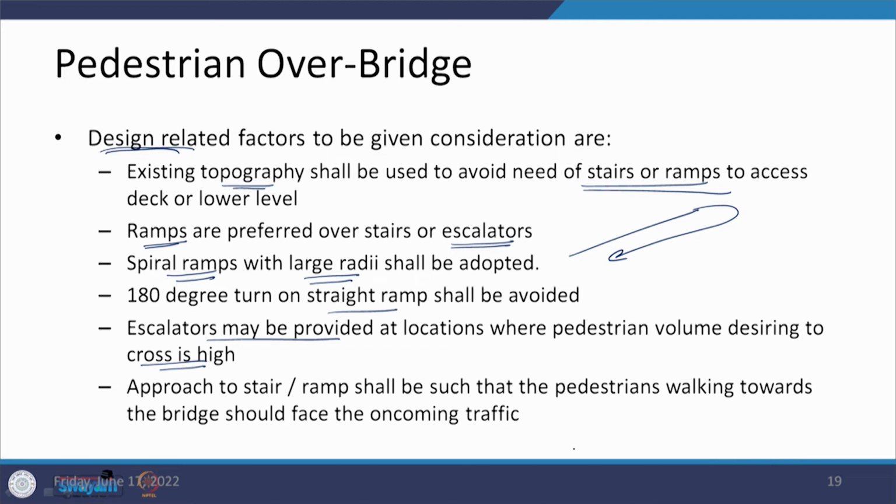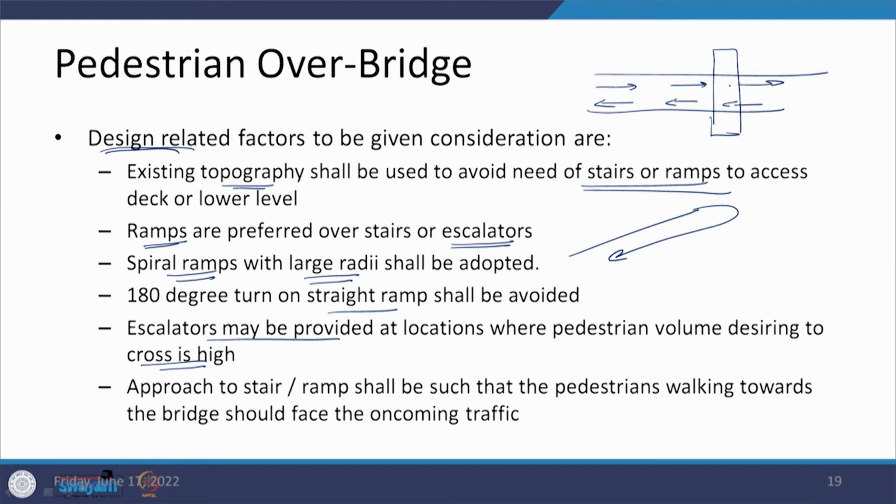Another point is that you have a road on which the traffic is moving like this, and then we are providing the footover bridge here. Say this is the footover bridge being provided at the top. Now, this is going to be accessed from the ground level.